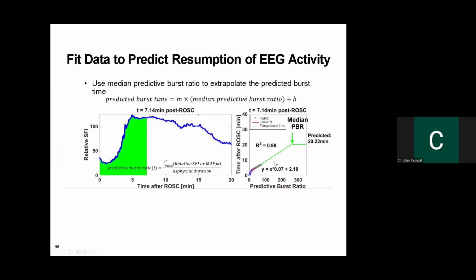And it was that way for 5 minutes and 7 minutes. We didn't do more severe, like 8 minutes, or less severe either. We did try 8 minutes to start with, but our mortality was too high that we couldn't do any of this very well. But effectively, it's trying to find when the predictive burst ratio as a function of time is linear, to get that predicted resumption of electrical activity.